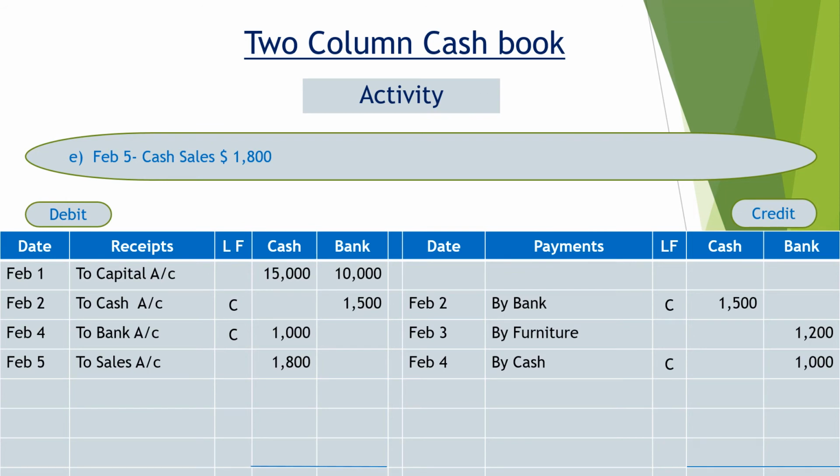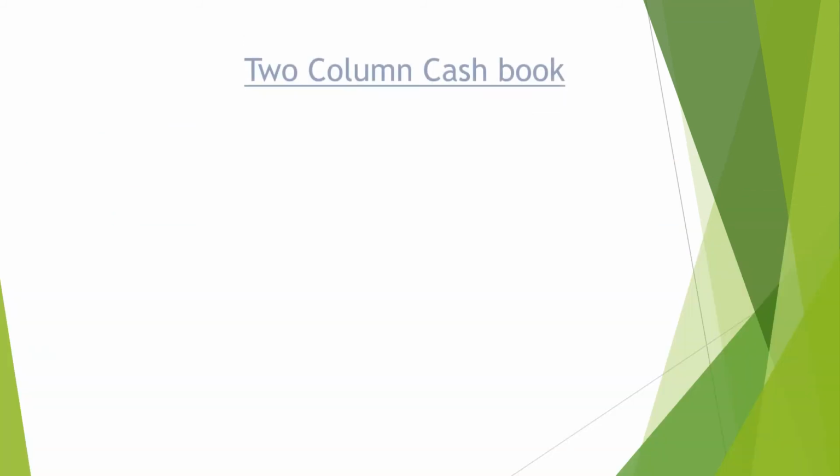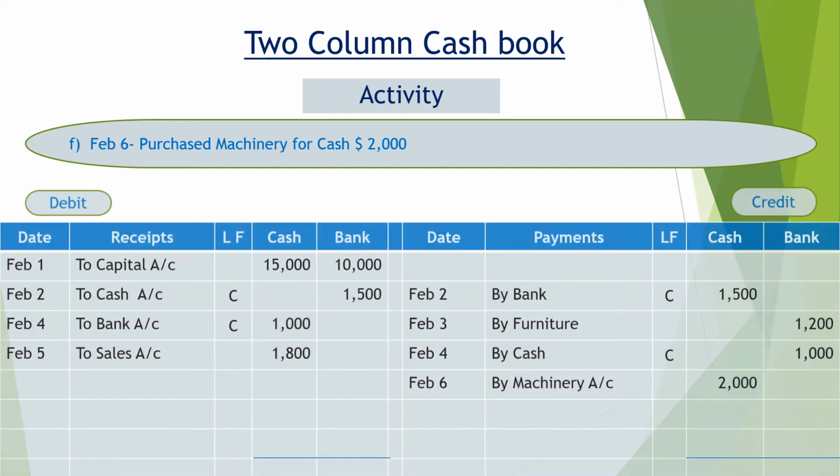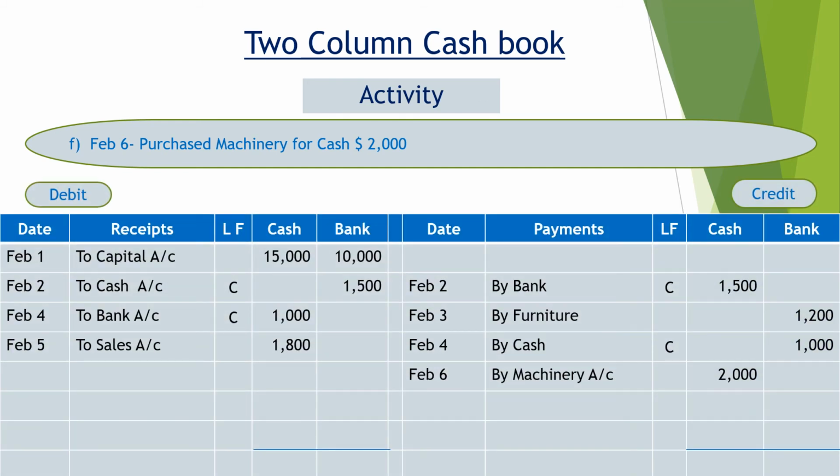Cash sales means cash receipt through sales. So it will come in the receipt side having a narration of sales account. Machinery purchased on cash. It's a cash payment as cash decreased. So it will come on the credit side or the payment side of the cash book.